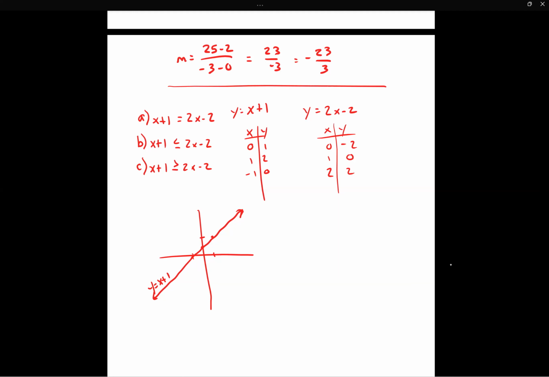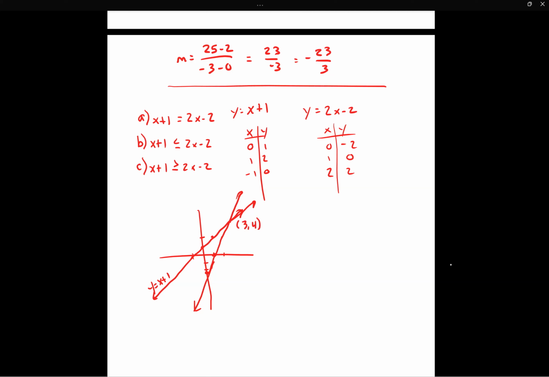I have 0, -2; 1, 0; and 2, 2. These eventually intersect, and the point of intersection is 3, 4.